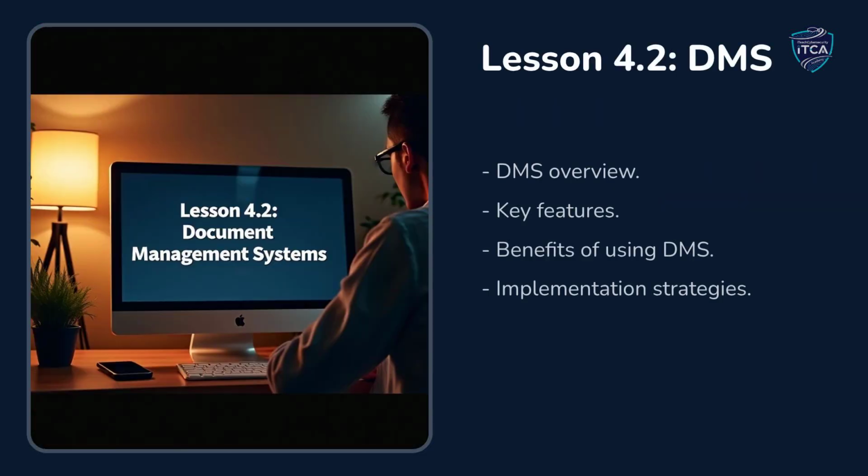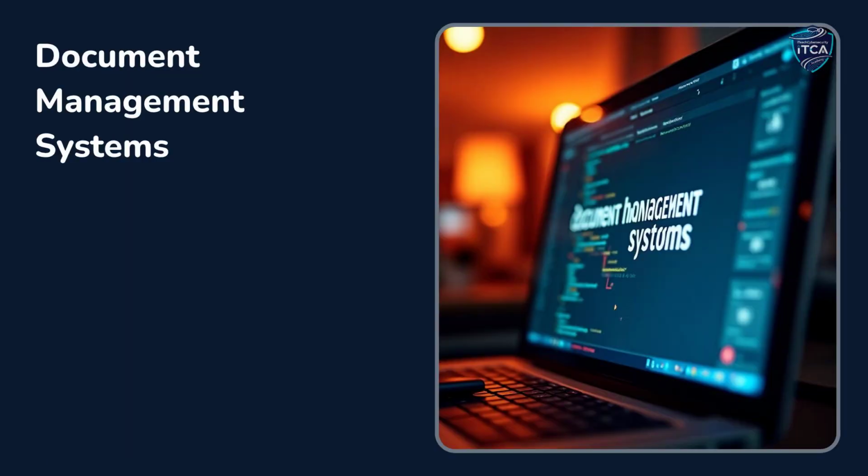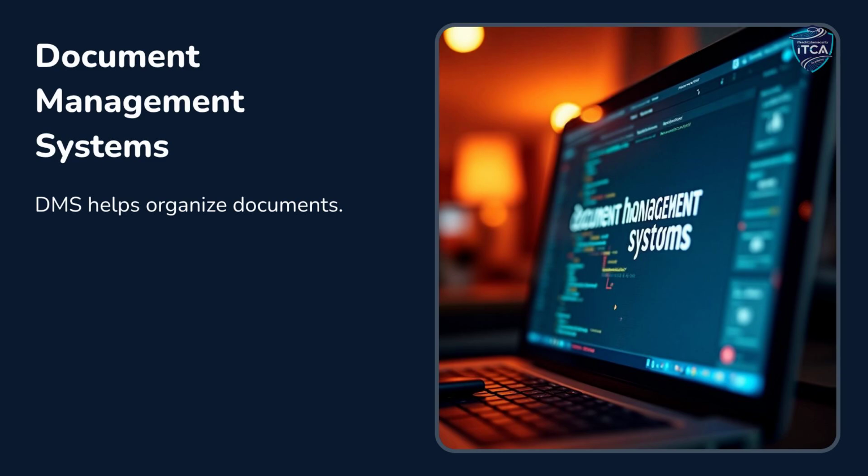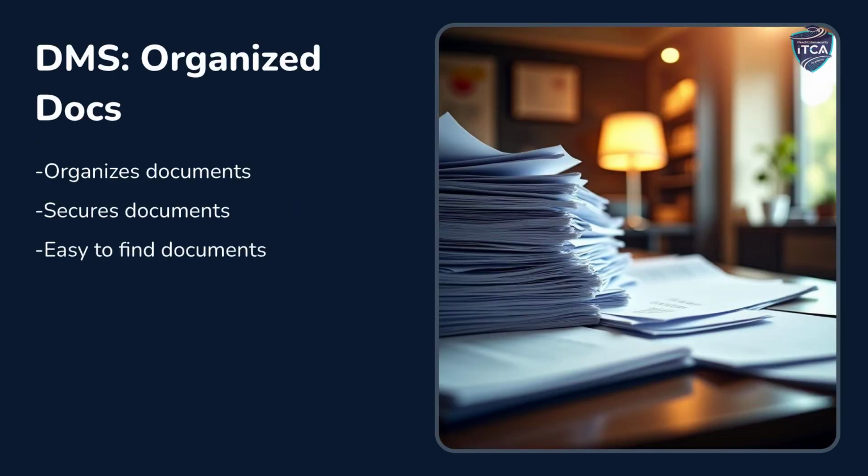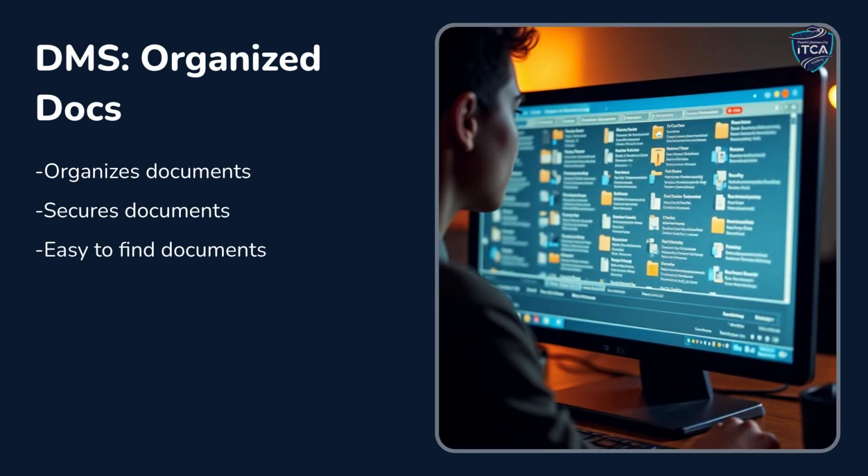Lesson 4.2, Document Management Systems, DMS. Next up, Document Management Systems, or DMS. Every organization deals with a mountain of documents, contracts, reports, proposals, policies. A DMS keeps all of that organized, secure, and easy to find.